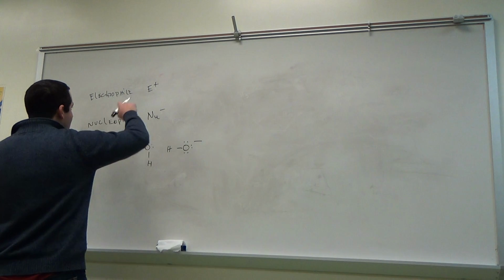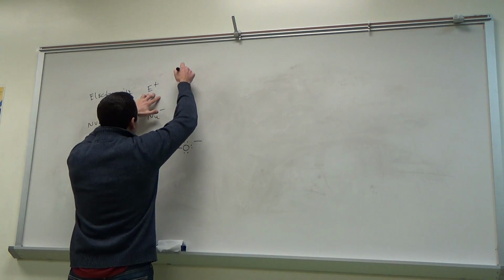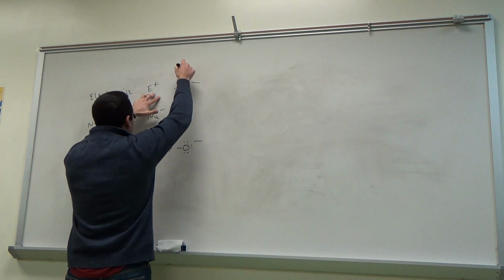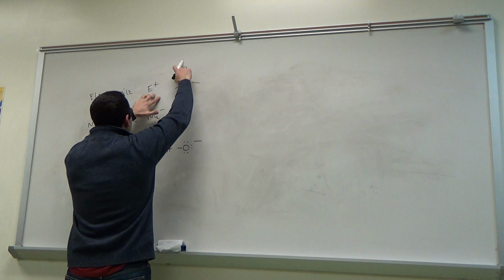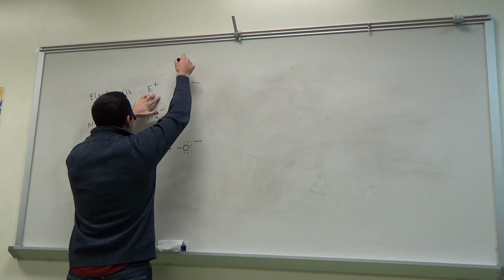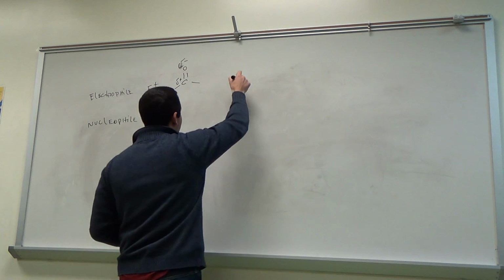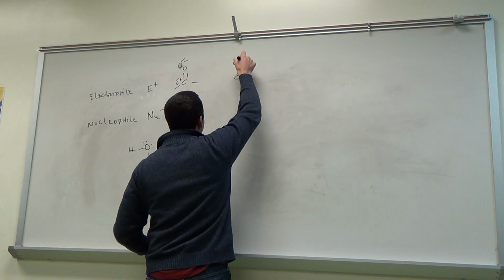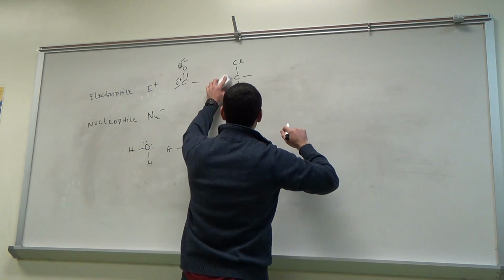And electrophiles are things that are, for example, this here. What type of charge will this have? This is delta negative, while this is delta positive. And if you have a carbon with a halogen on it, I should write it like this, yes?